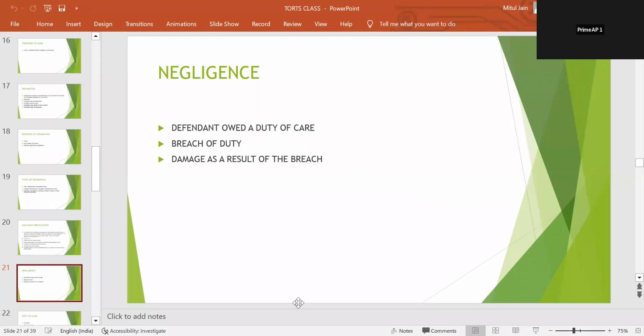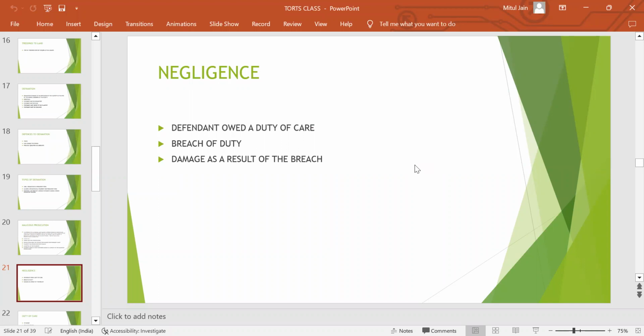The three essentials are that the defendant must owe a duty of care towards the person. There must be some breach of duty, and the breach of duty has resulted into a damage to the plaintiff. Am I clear? The defendant must owe a duty of care to the plaintiff. The defendant has caused a breach of such duty and it has resulted in damage to the plaintiff.